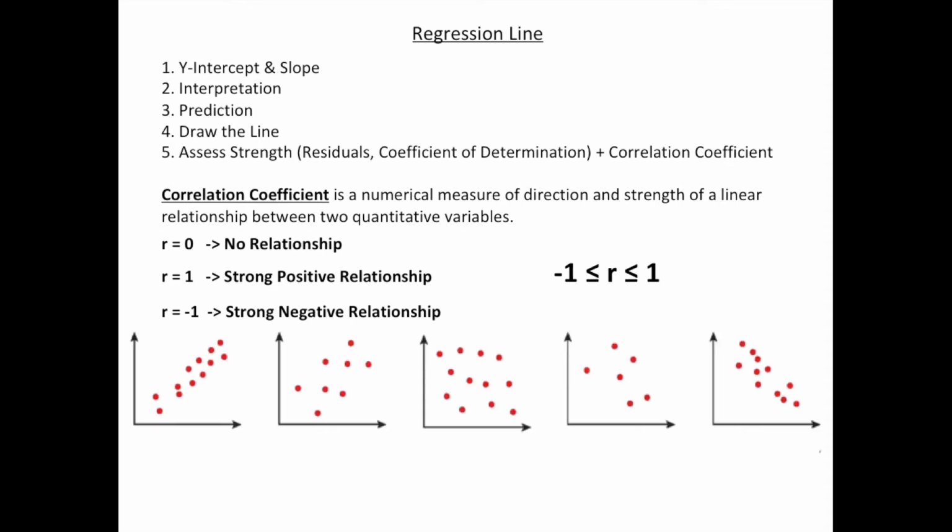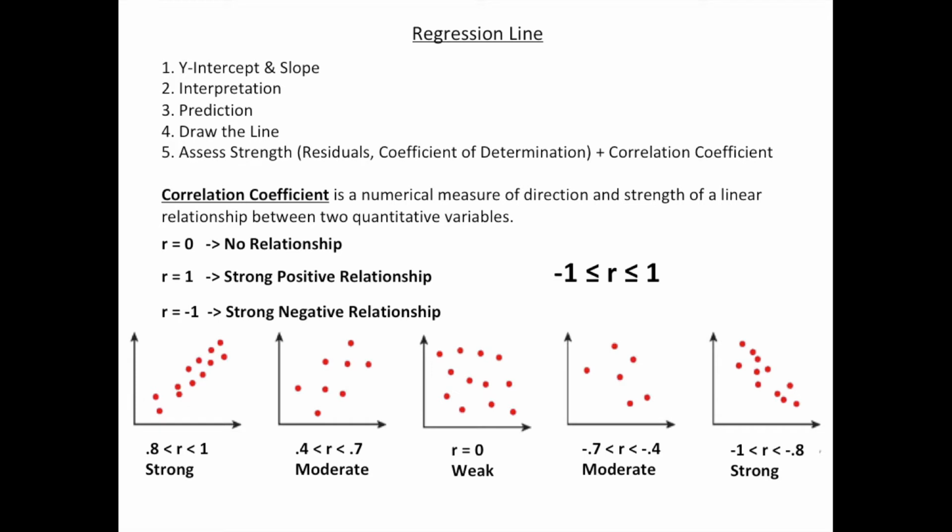You can see that there are some positive and negative relationships here. When you have a strong positive relationship, you want your r to fall between 0.8 and +1. You're never really going to have an r set exactly to +1 unless every single data point falls on your regression line. So in a strong case, you just want it to fall somewhere close to 1.